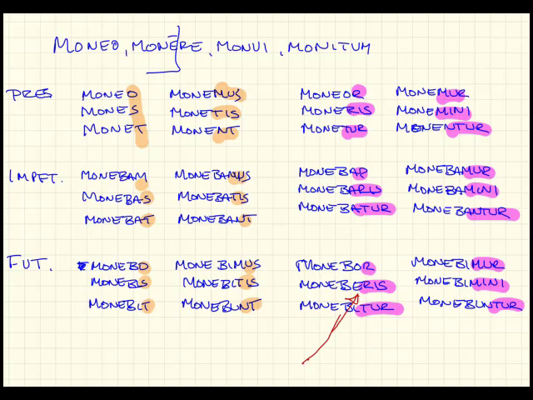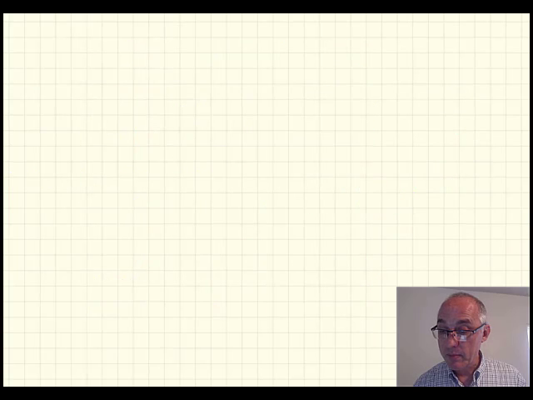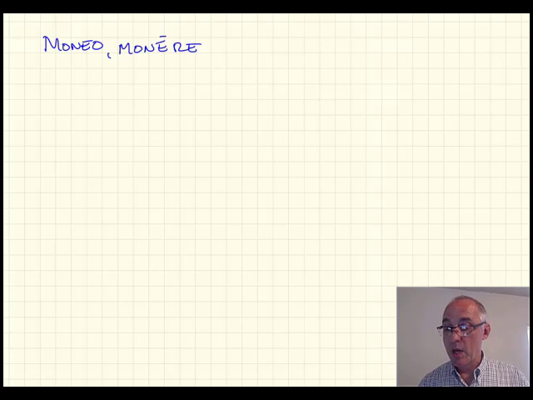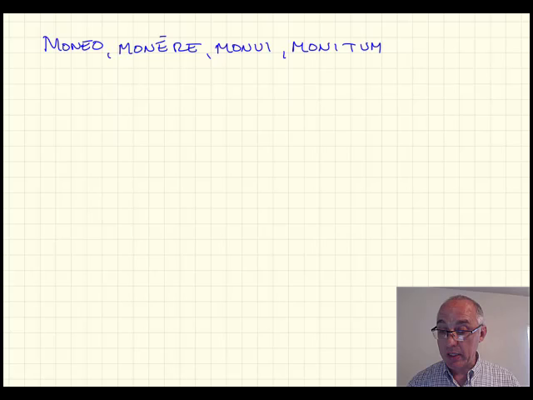Let's go with the perfect system. These are tenses that are built off the perfect stem, either in the third or the fourth principal part. I'll write this out again. Moneo, monere, monui, monetum. Let me make very clear, there is a division here.